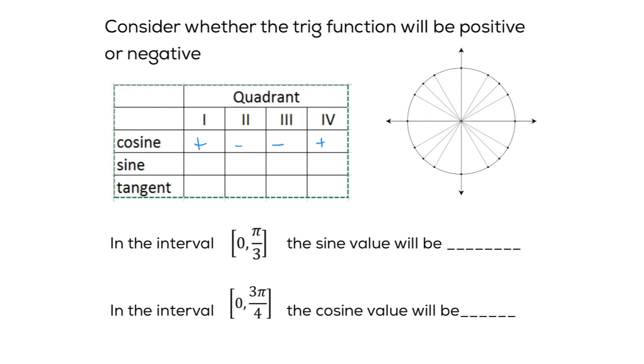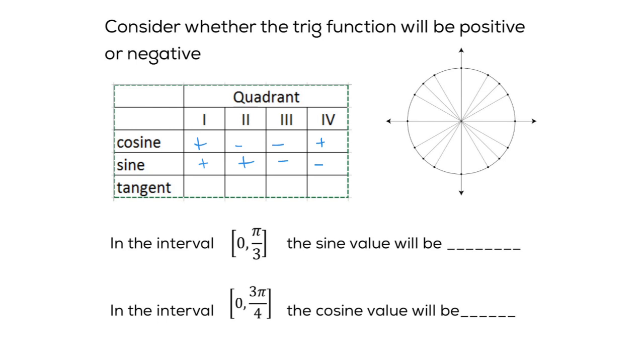When we look at sine, that's going to be our y value. So you sort of use this x-axis as your boundary. Anything above it, your sine value will be positive. Anything below it, your sine value will be negative. So it is going to be positive in the first and second quadrants, negative in the third and fourth. Okay, last one, tangent. Have you caught on to this one?